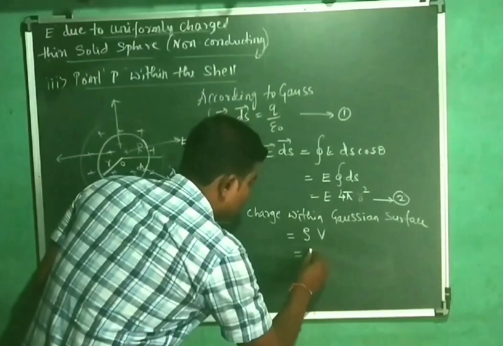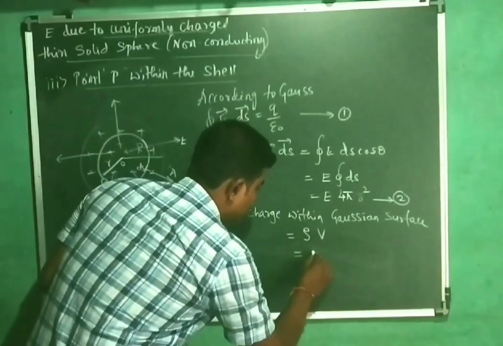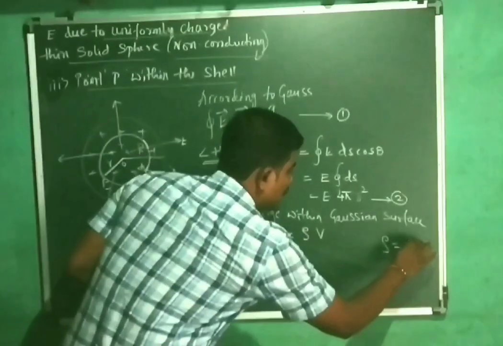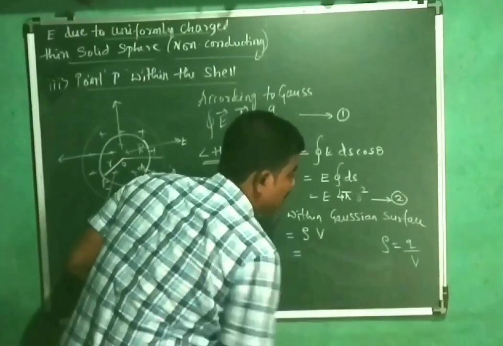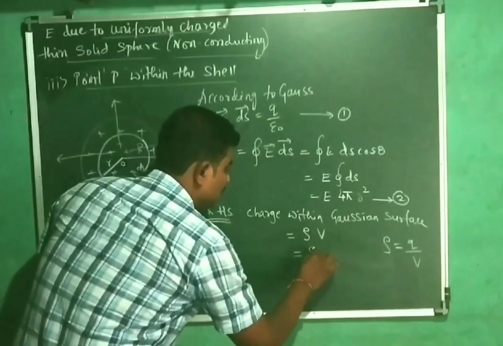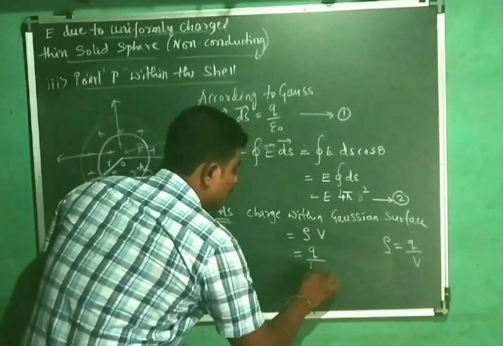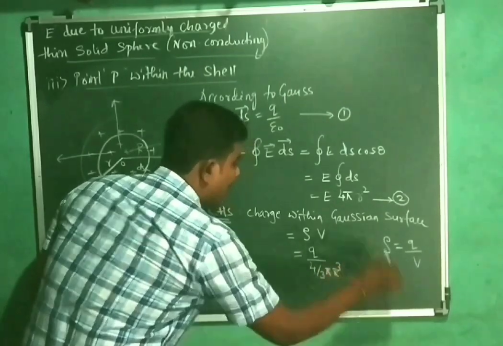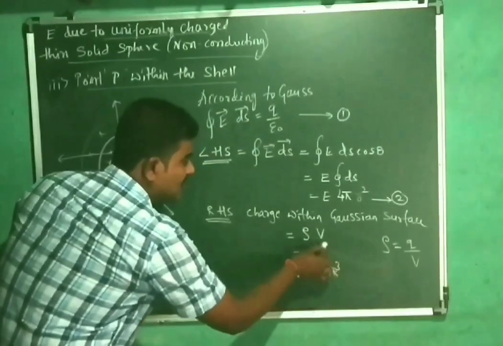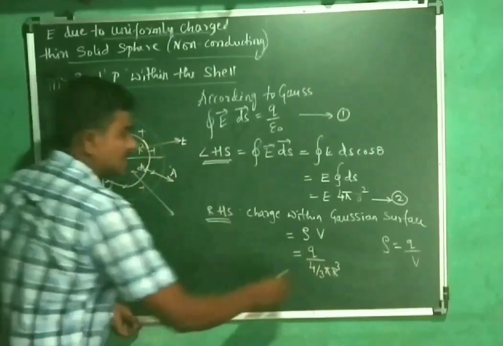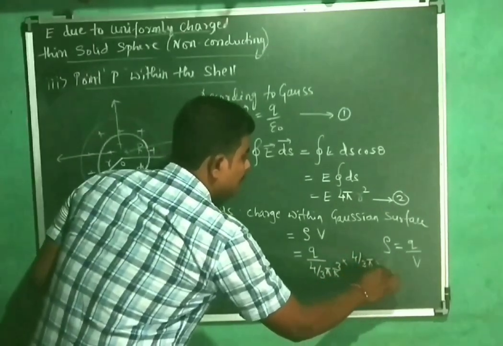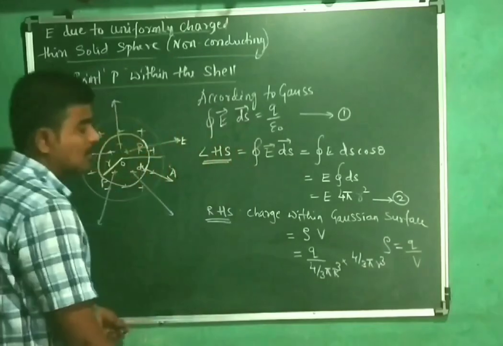This is for rho. Rho is equal to Q divided by V, charge per unit volume. Therefore it is Q, and V volume. V volume is 4 by 3 pi r cube. And these many charges are there in the Gaussian surface, in 4 by 3 pi r cube volume.